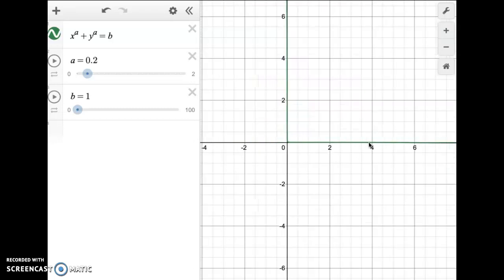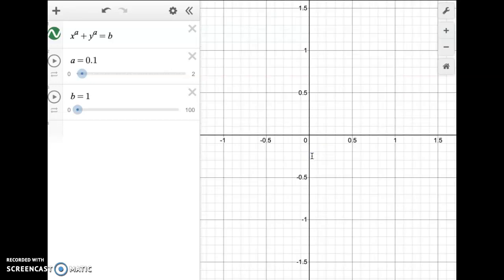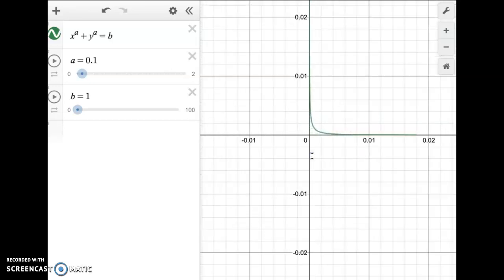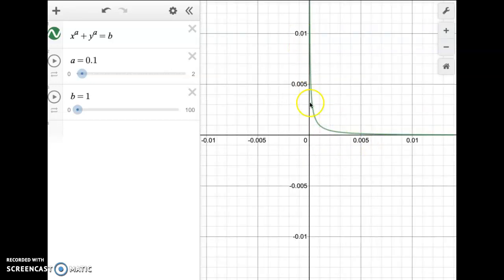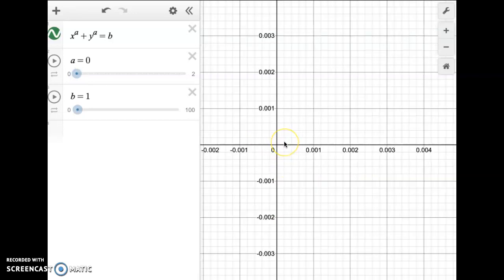So it kind of seems like there might be an asymptote going on here at 0.2. And then 0.1 is not even on our graph unless we zoom in. But even zooming in, we have to zoom in very, very close to see where 0.1 is. And then 0 is, again, the origin.